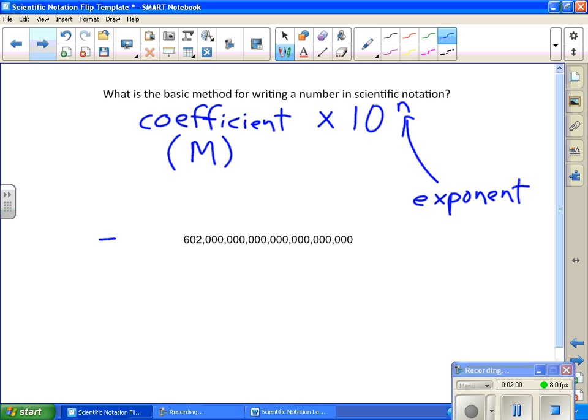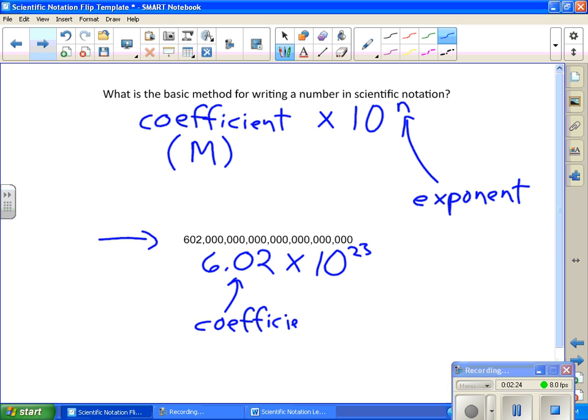So in this example of that very large number of hydrogen atoms, we would write this in scientific notation as 6.02 times 10 raised to the 23rd power. Once again, this would be our coefficient, and this would be the exponent.